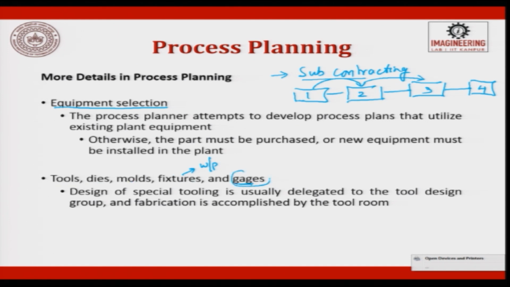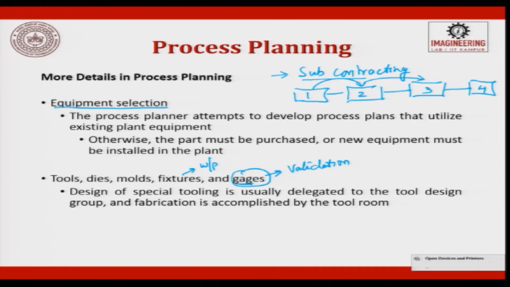Gauges are only for validation of what was given in the drawing and what you have made, how is it, that is all. Today machines have automatic gauging systems, so we need not put a gauging station separately; while machining itself it has a control over it. So, the other information we require is tools, dies, molds, fixtures and gauges.